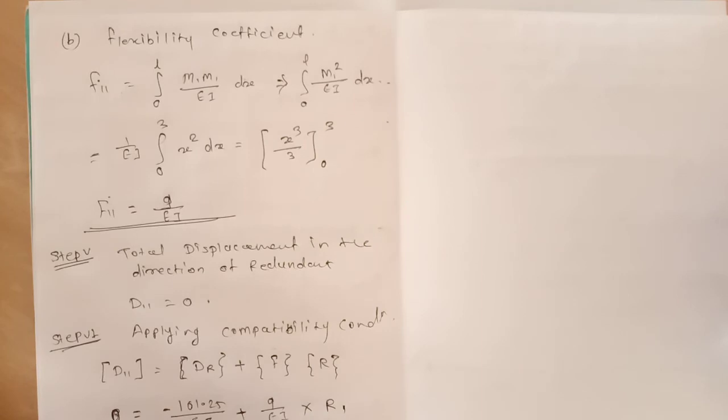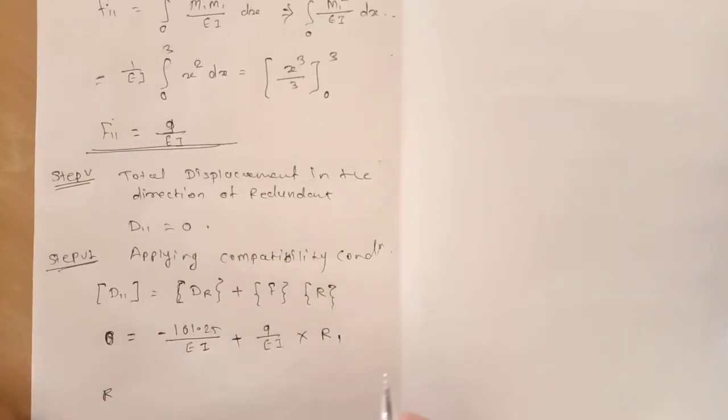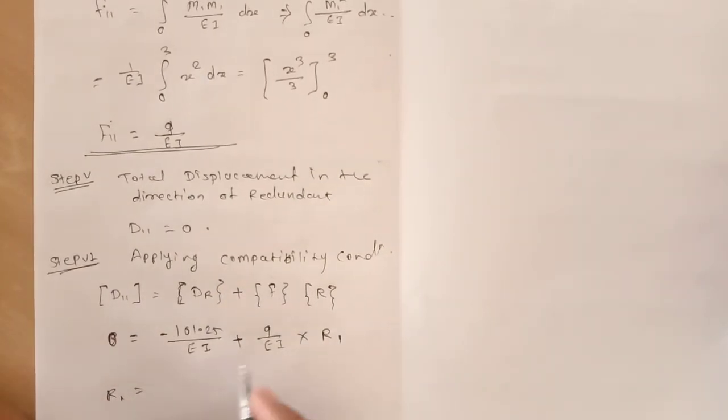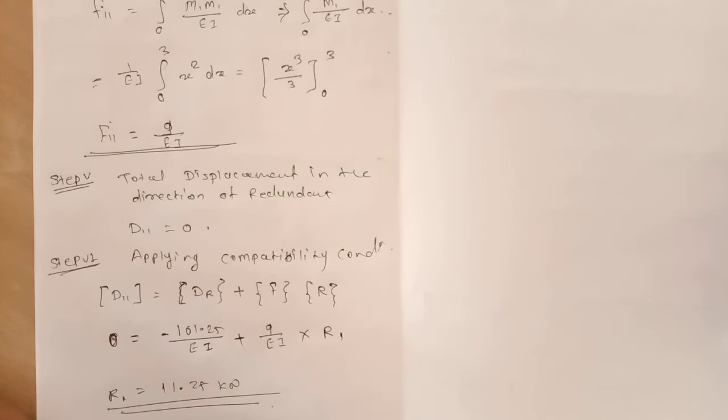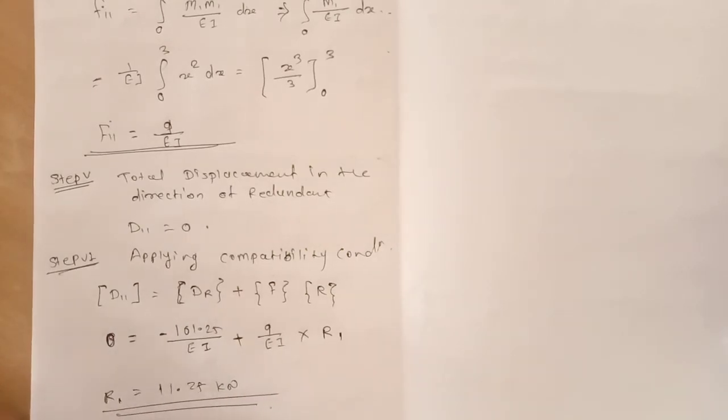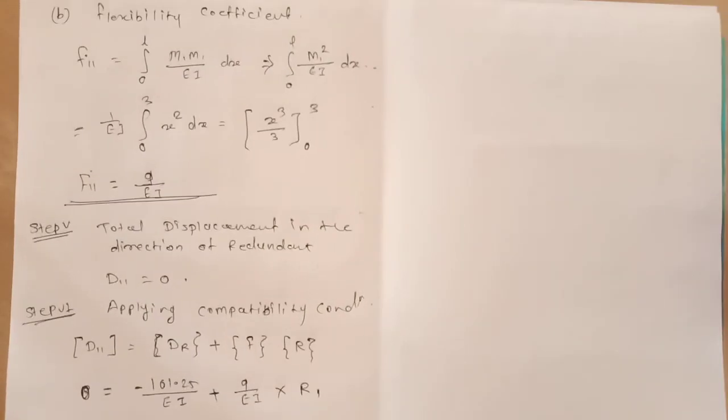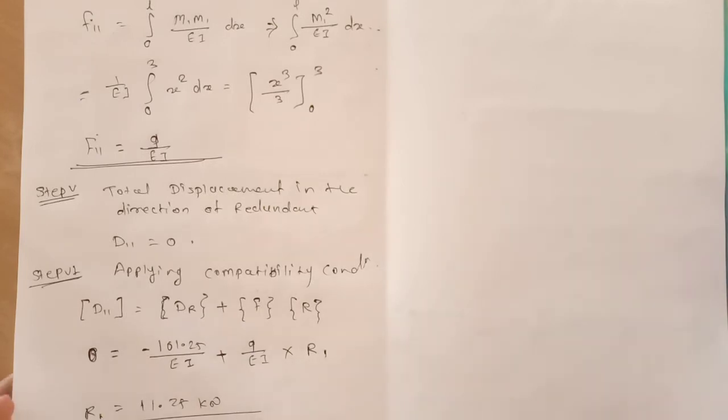From this equation we get the value R1 equal to 11.25 kilonewton. That is the reaction at point B.